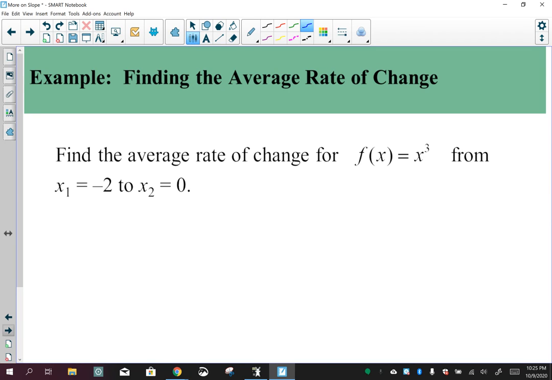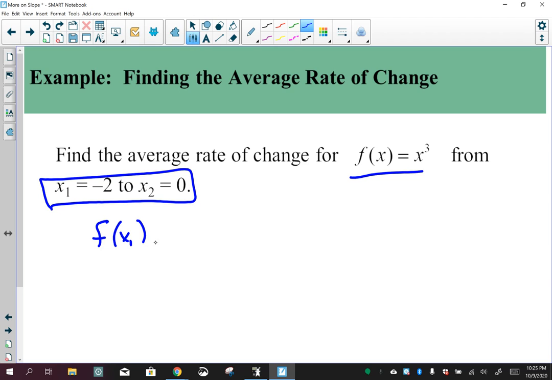So find the average rate of change. Here they gave us our function, which I told you they would, and they only gave us our x values. So we need to figure out f of x1 and get an answer, and f of x2 and get an answer. So I take my -2 and I cube it, I get -8. I take my 0 and cube it, I get 0.